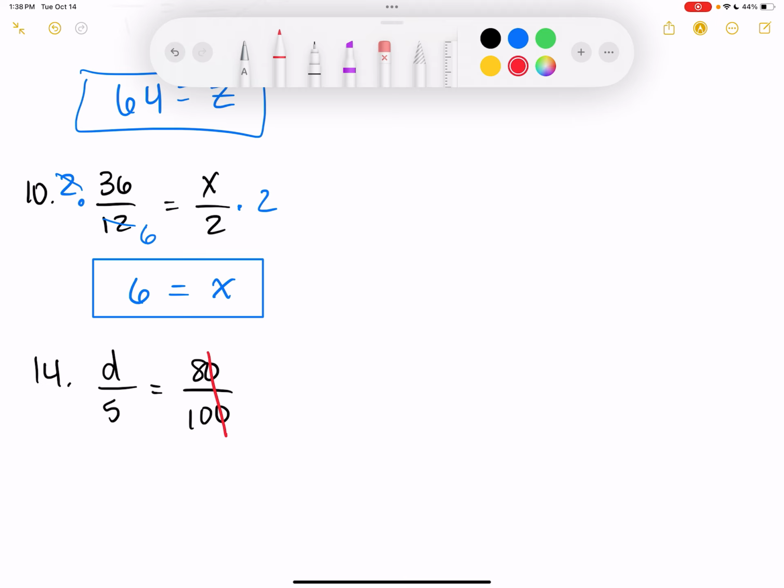Now what would I do? Multiply both by 5, whatever is under the variable. Oh, that's right, my fault. So the 5s over here cancel. I'm left with d is equal to 8 times 5 divided by 10. 5 goes into 10 2 times. 8 divided by 2 is 4.